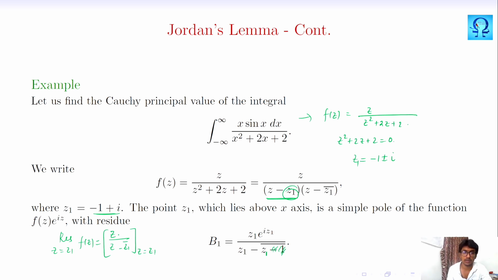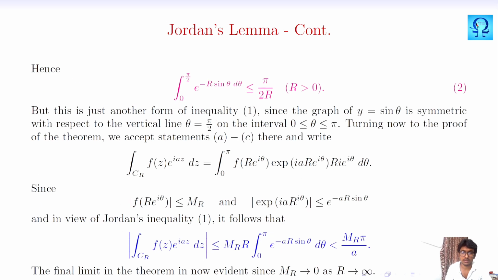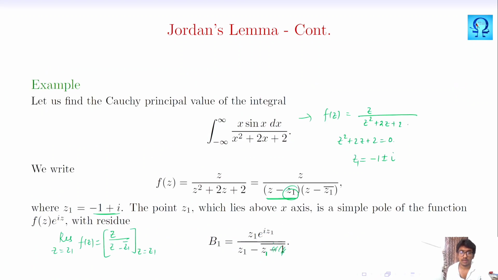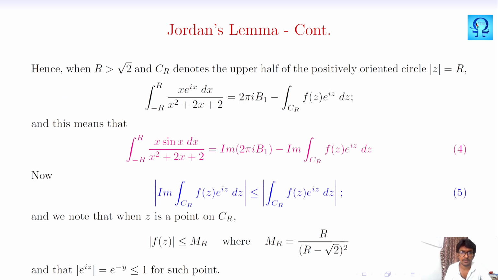Yes, you are done. Even if you multiply by e to the power i a z, so e to the power i z1, along with it you simply have this, no other thing.